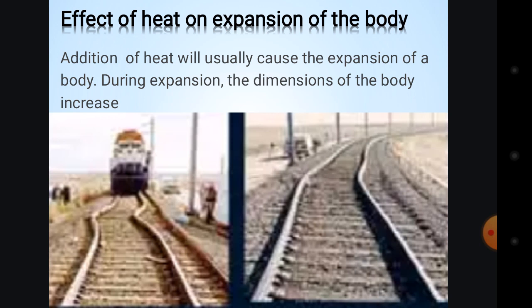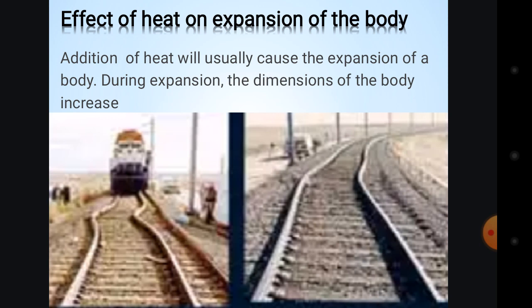If you look at the first one, it is trying to bend. It is due to the expansion, and the expansion is caused by the effect of the heat from the train, because it is the thermal energy from the train that is the cause of the expansion.